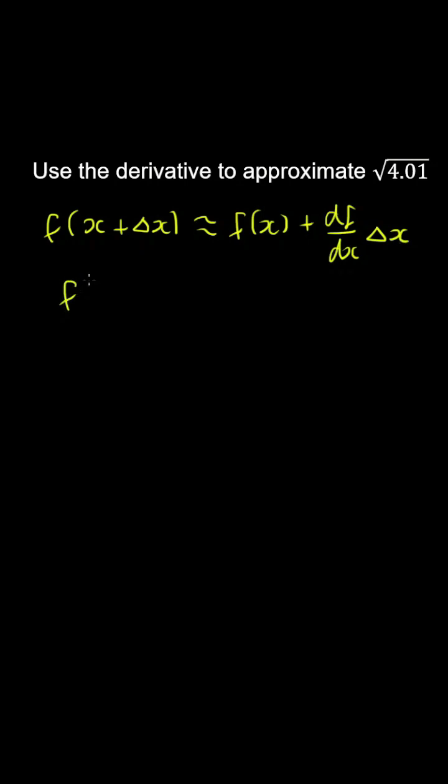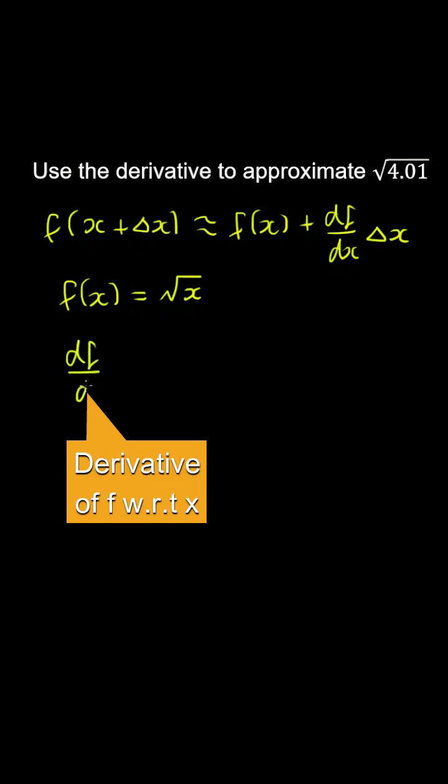Let's use the derivative to approximate root 4.01. And remember, the linear approximation to a function is approximately equal to f of x plus df/dx multiplied by delta x. In this case, f of x is equal to root x, or x to the half. Therefore the derivative with respect to x is 1/2 x to the minus a half, or 1 over 2 root x.